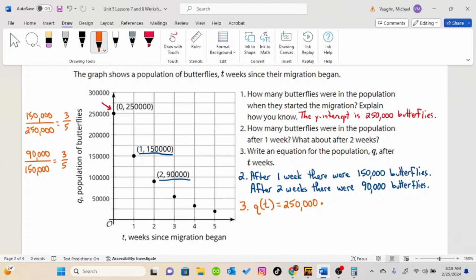So our factor is going to be 3/5 to the exponent of our input, which is t. Now we could use this equation to solve for the butterfly population after any number of weeks since migration began.